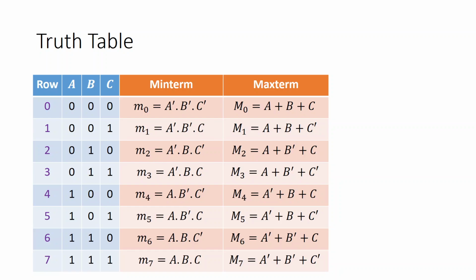However, if you read it as a binary word, you will be able to figure out a decimal equivalent of it. That decimal number is basically the min term number also. So like you see that 0, 1, 1 would be 3. So the min term corresponding to 0, 1, 1 is small m3.